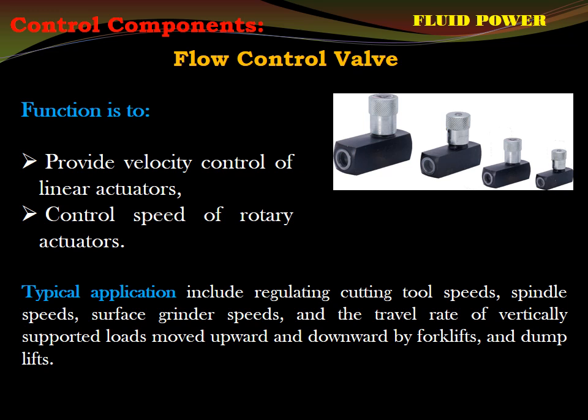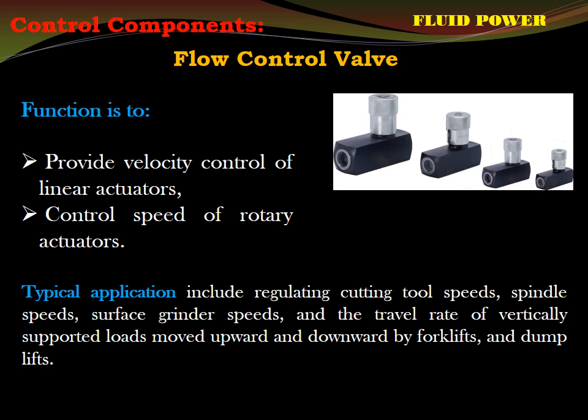And typically these kinds of valves are used in regulating cutting tool speeds. In the manufacturing process there is a huge application of fluid power control to regulate the cutting tool speed. Definitely it will not always be using the same speed, but we have the same fixed displacement pump.